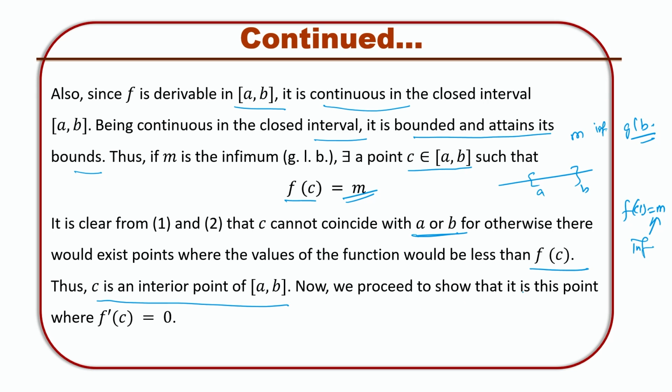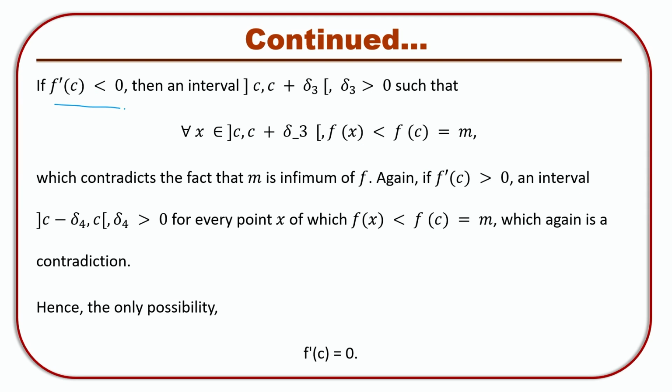Now we proceed to show that it is at this point that f'(c) is going to be 0. Suppose f'(c) is less than 0, then there is an interval (c, c + delta 3), where delta 3 is greater than 0, such that for each x in (c, c + delta 3), f(x) is less than f(c), and f(c) is m.